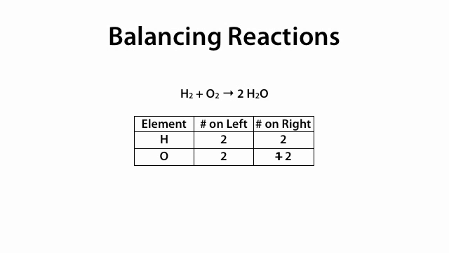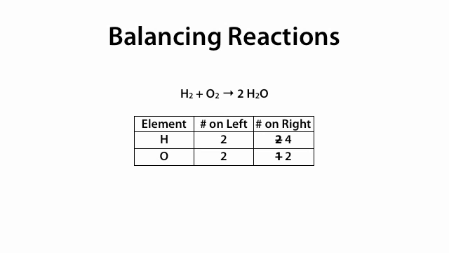Everything seems good, but we've created another problem. If we look, we see we have 4 hydrogens on the right side now. We have 2 H2Os. H2O has 2 hydrogens each, so now that we have 2, we have 4 hydrogens on the right side.